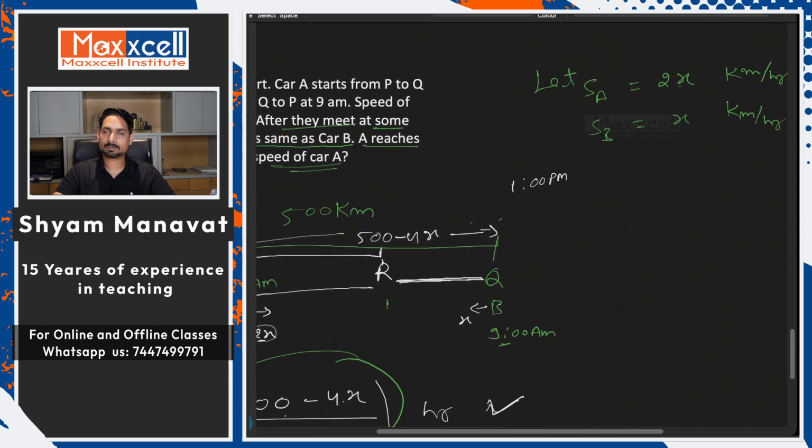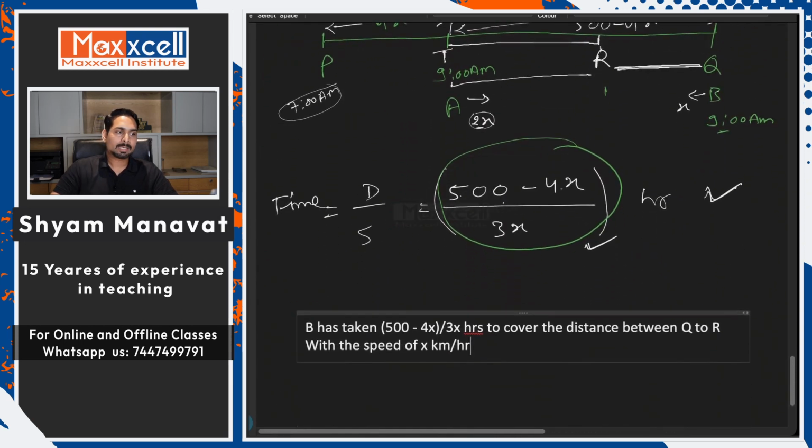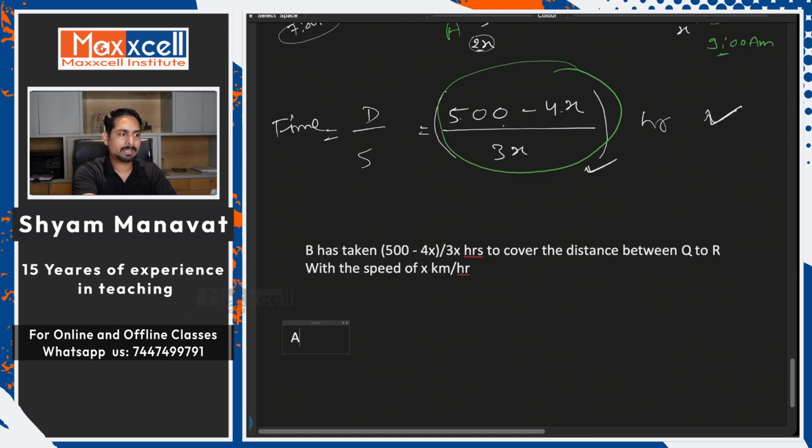Now if car A travels the same distance, because car A is now at point R, then from R to Q, to complete the journey, A also has to travel the same distance which B has traveled.